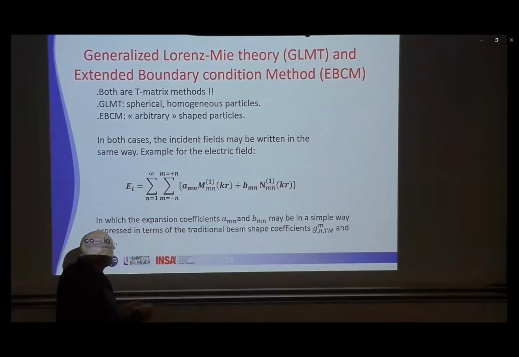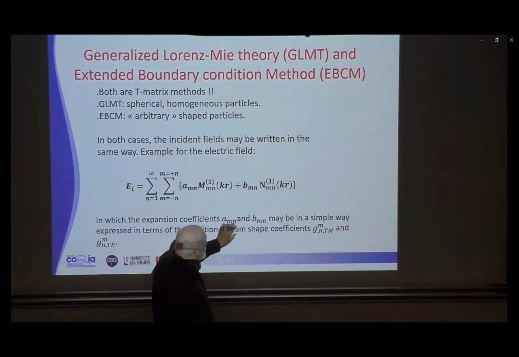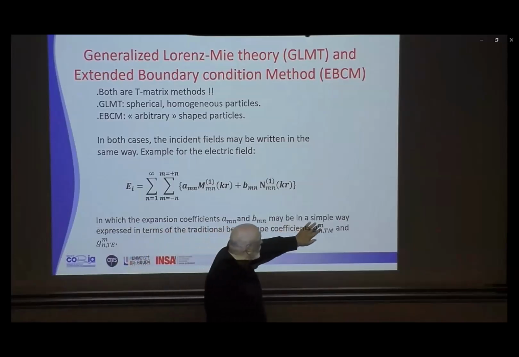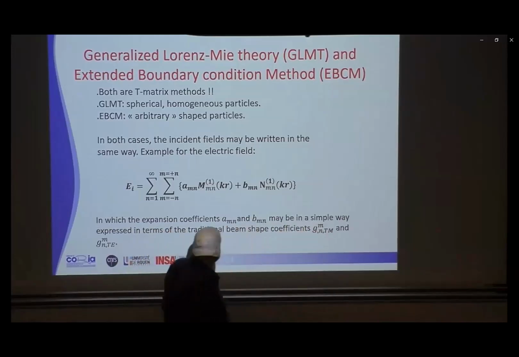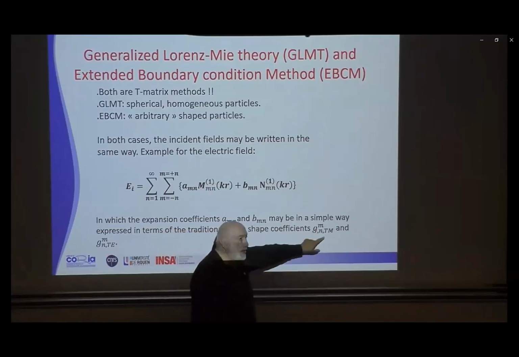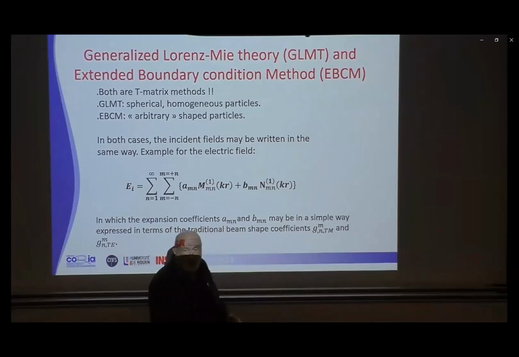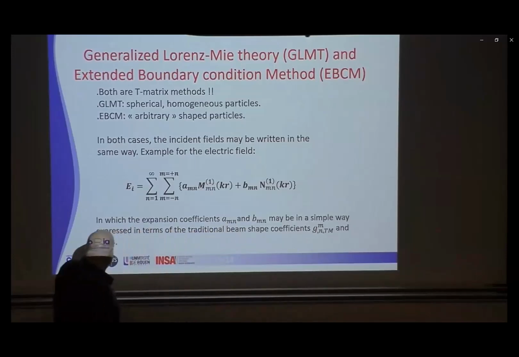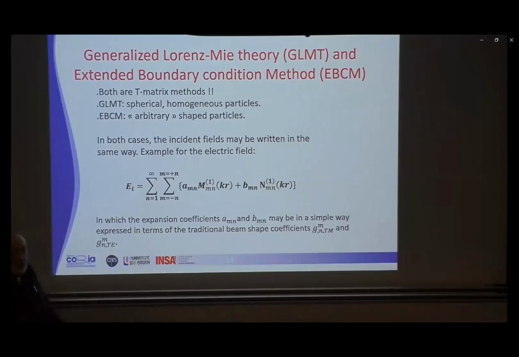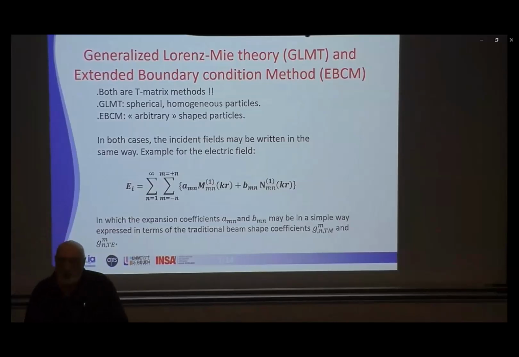Actually, you can manage a bit to replace these coefficients by other coefficients, which are what we call the beam-shape coefficients, g_n^m TM and g_n^m TE. TM is transverse magnetic, it corresponds to one special solution of the Maxwell equations. And TE is transverse electric, which corresponds to another solution of the Maxwell equations. The general solution of the Maxwell equations is obtained as the summation of the TM and the TE.